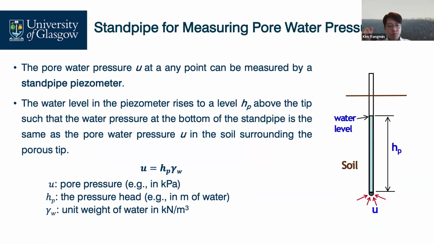Let's think through pore water pressure U at a certain point, which can be measured by a standpipe. The water level in the piezometer standpipe rises to a level of HP above the tip, such that the water pressure at the toe of the standpipe is the same as the water pressure U in the soil surrounding the porous tip.